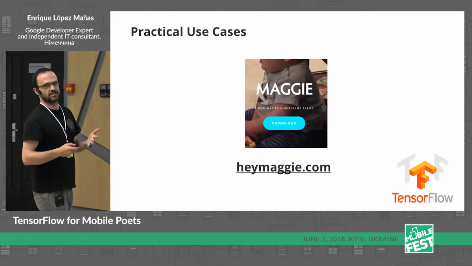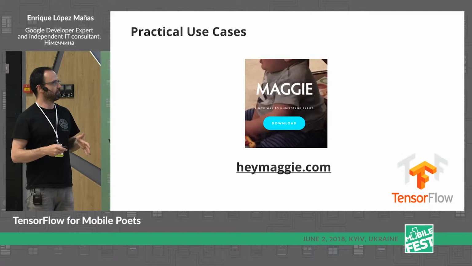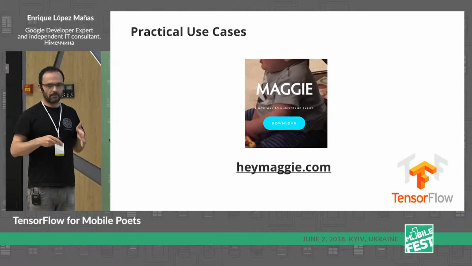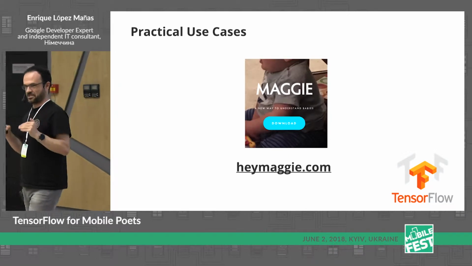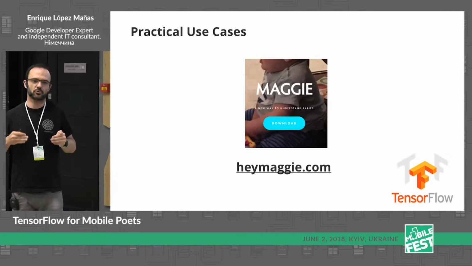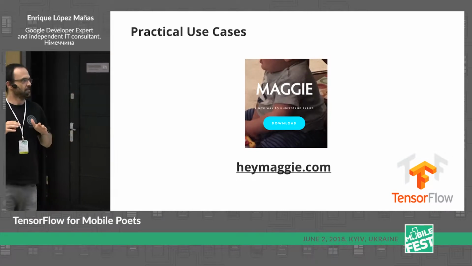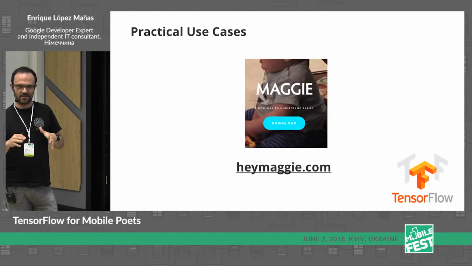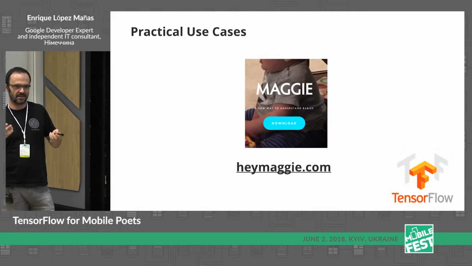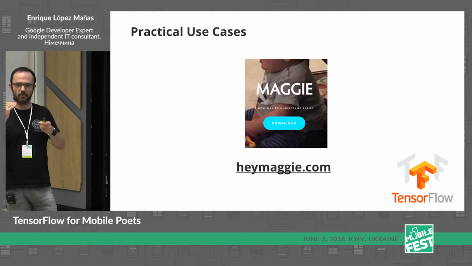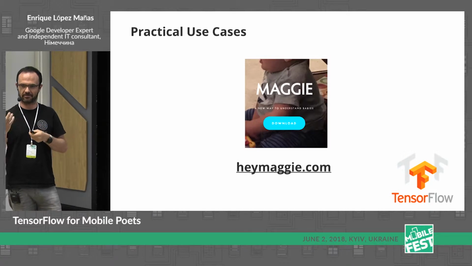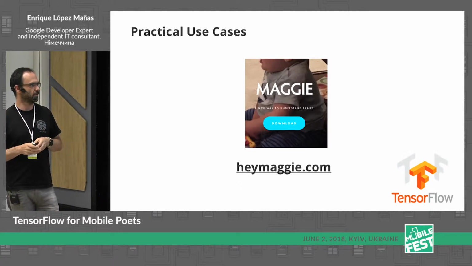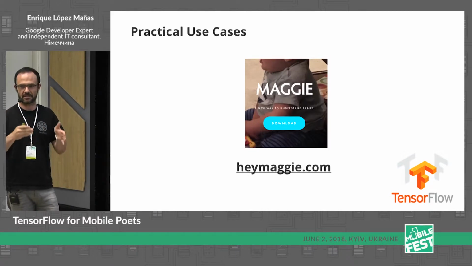There are more use cases that are being done actually with TensorFlow. This heymaggie.com translates from baby into English. What they did: when a baby is sad, they have some pitch, some volume, some different type of tone. When they're hungry, sad, or happy, it differs.